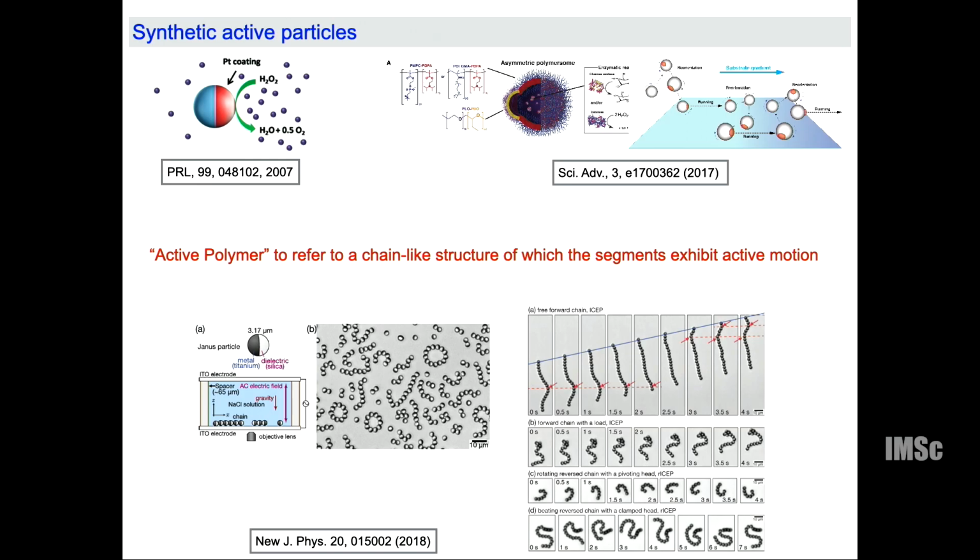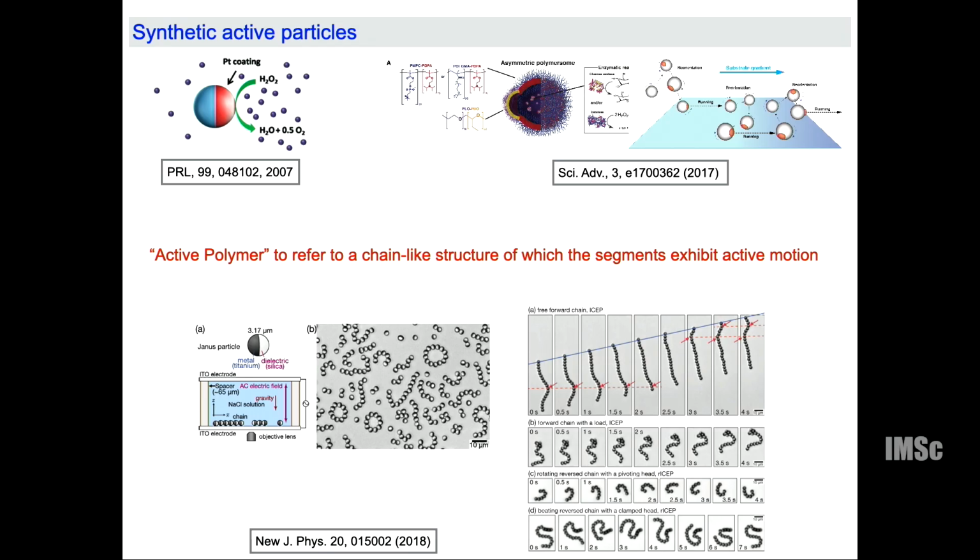I'm going to talk to you about synthetic active polymers, and we'll try to take it from here to the natural active polymer also. Now, what kind of synthetic active particle am I talking about? I'm talking about this kind of Janus particle, which has two faces. You can see there's a red face and a blue face, and they are chemically very different from each other.